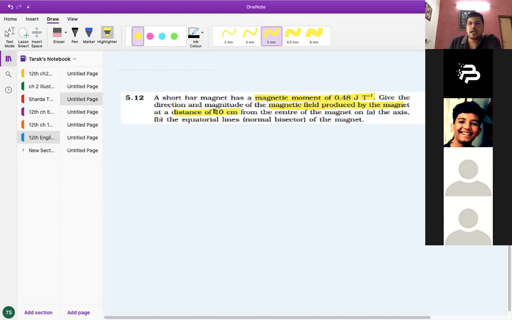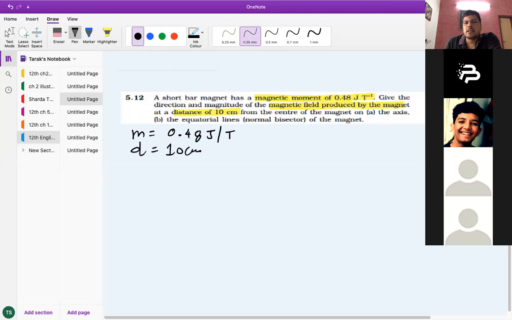The magnetic dipole moment is denoted by the symbol M. Its value is 0.48 Joule per Tesla. The distance d is 10 centimeter, so 0.1 meter, from the center. We have to find the magnetic field for the axis and the equatorial line.